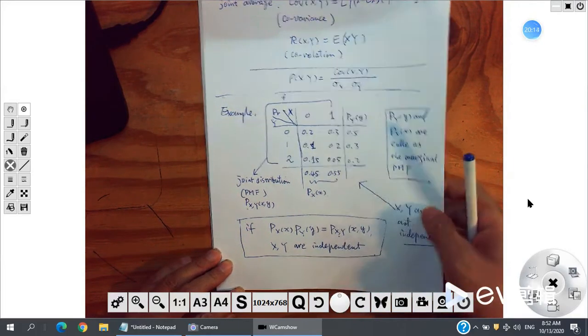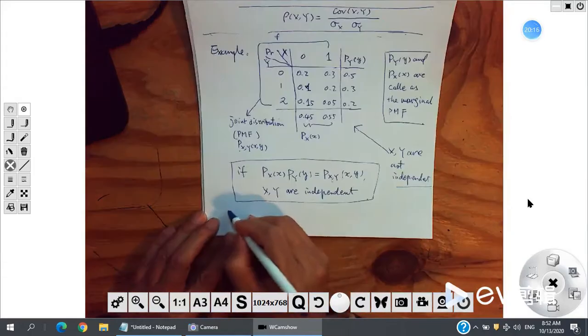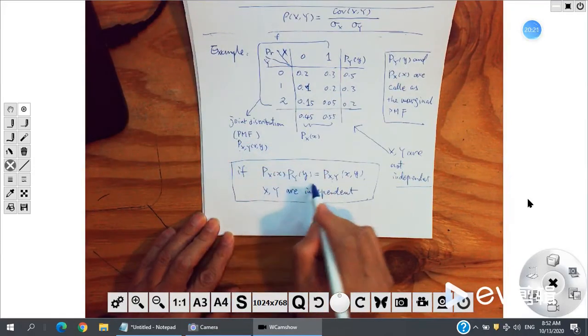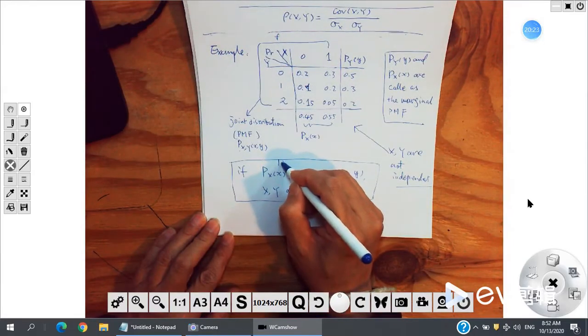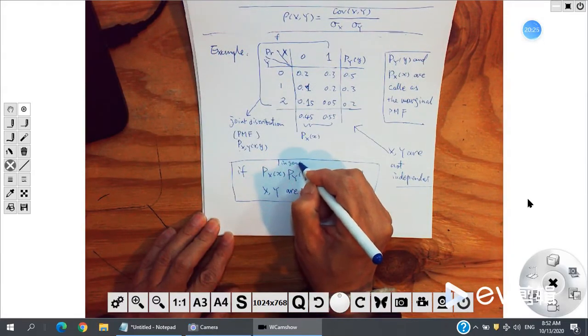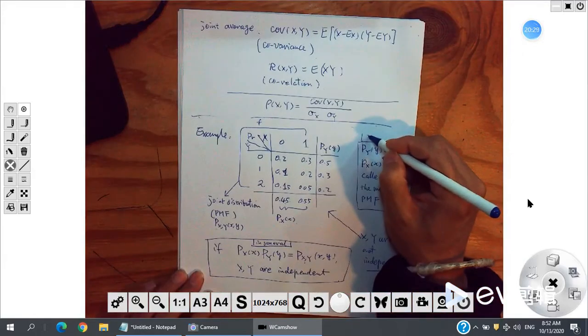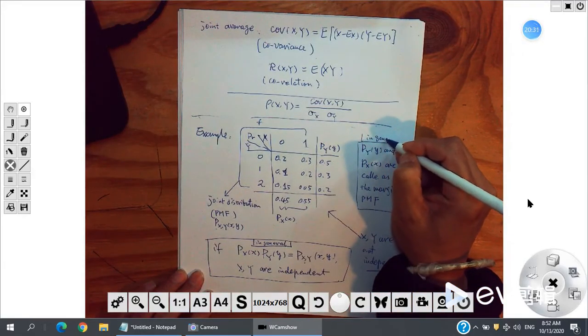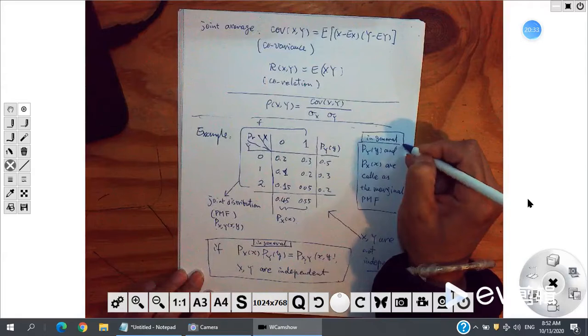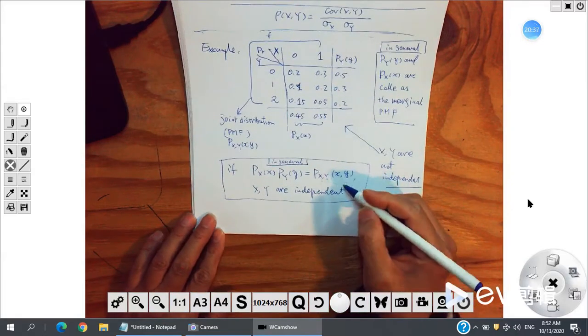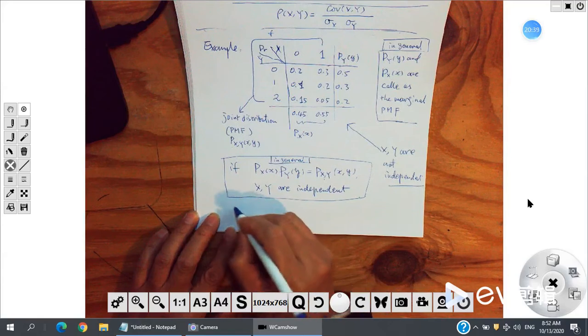And what else can we have? We can check the mean value. This is not just for this example, this is in general. And we can also calculate those mean values. We have E[X].